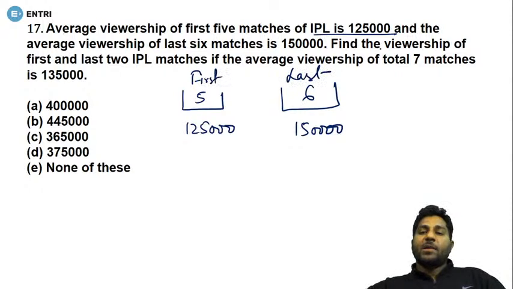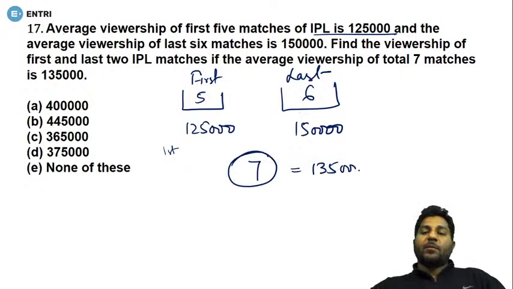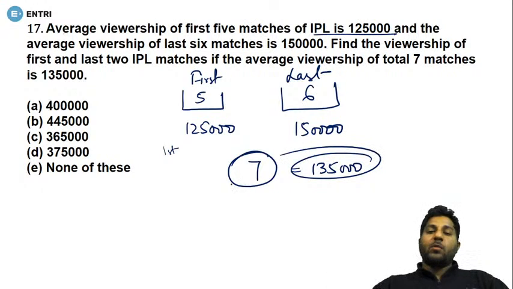Find the viewership of the first and last 2 IPL matches. Because if we consider these values, we will be left with the first value and the last value. The viewership of the total 7 matches, the first and last 2 IPL matches, will be 135,000. Now how are we going to solve this?